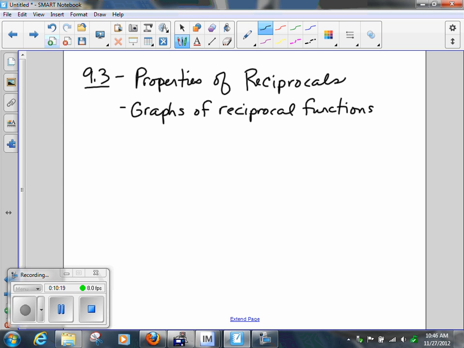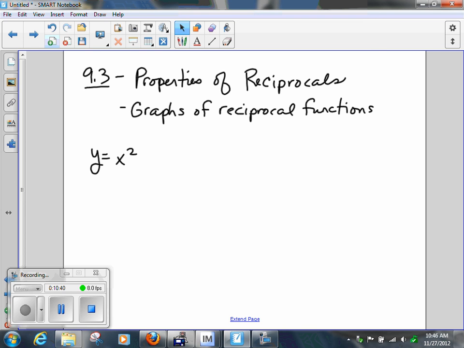Here we go. If we had the function y is equal to x squared, what kind of function is that? What kind of picture would we get? A parabola.